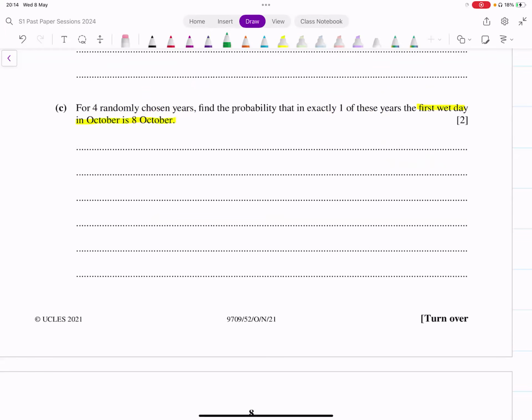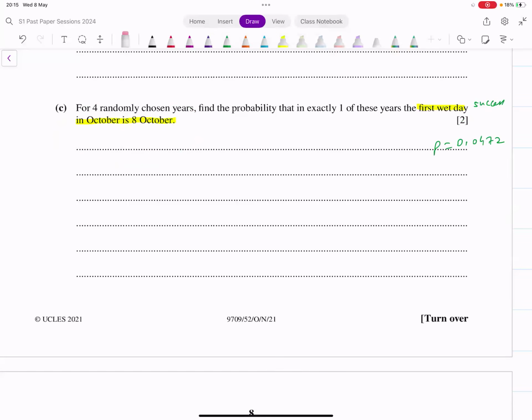In this case, if we call this a success, first wet day in October being 8th October, what's the probability of that? If we call this a success, we say the probability of that is 0.0472. So in this case, this is how we are defining success.